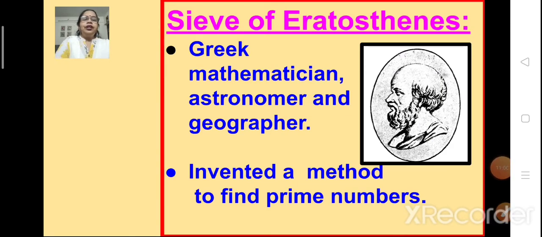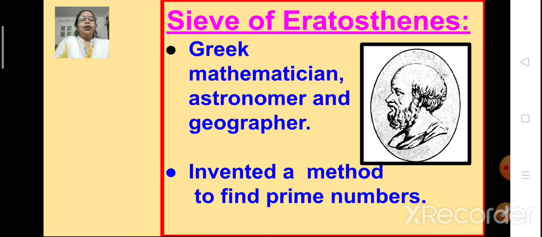Now, children, we have learnt about the prime numbers and the composite numbers. We know that prime numbers have only two factors, that means 1 and the number itself, and composite numbers have more than two factors. Now, is there an easy method to find all the prime numbers between 1 and 100 without actually finding the number of factors of each number?